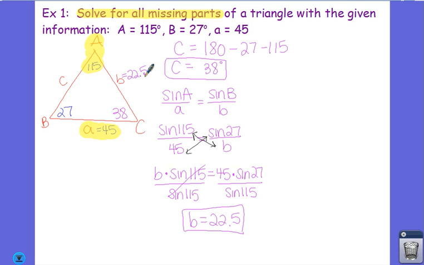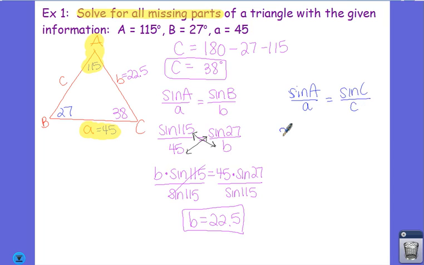So now, all we have to do is find one more piece of the puzzle. We're going to use the law of sines again. We're going to keep the A part, sine of A over a, but now we're switching to the C part, sine of C over c.